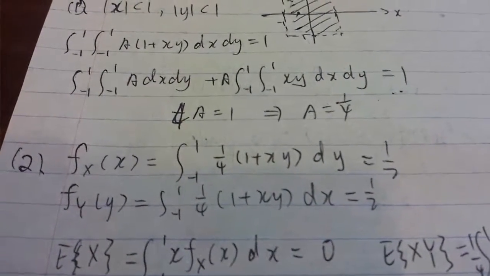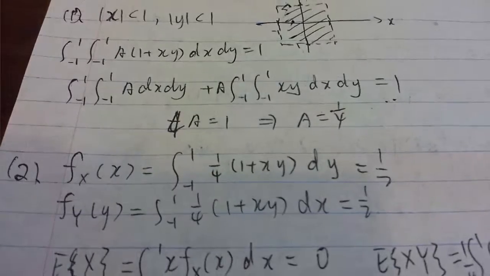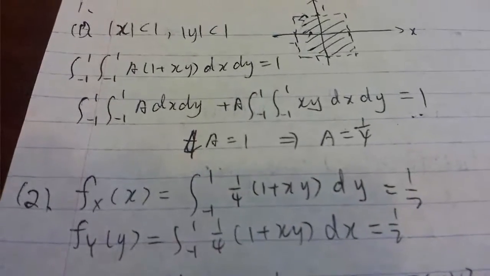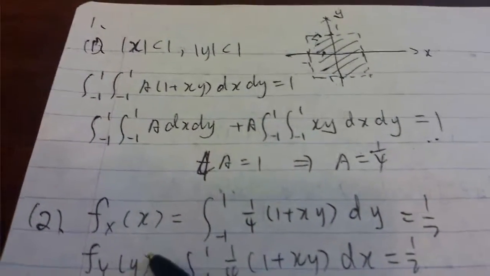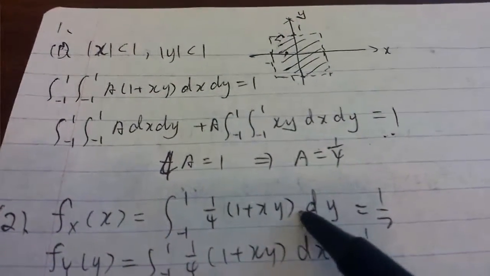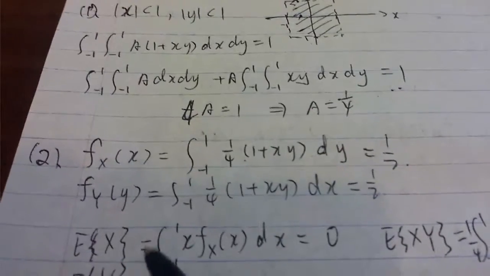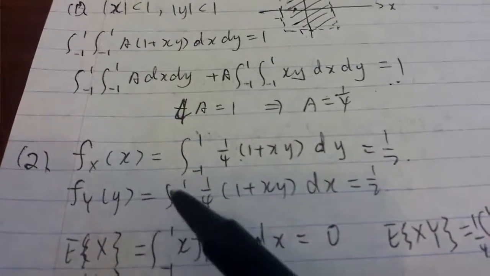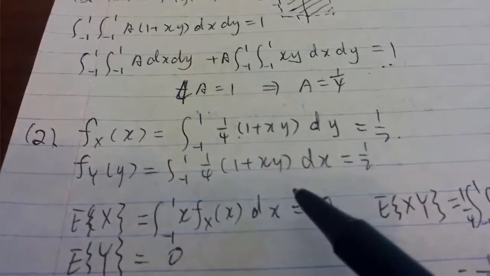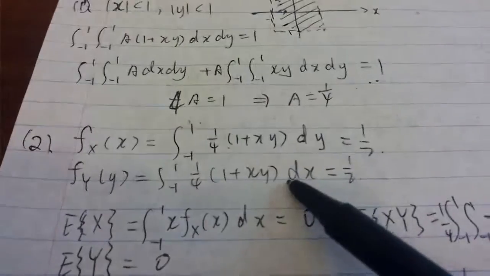The second problem we need to answer is whether capital X and Y are uncorrelated. We know that the PDF of X, we could derive it from the joint PDF of XY, and it equals 1 over 2. And the PDF of Y also equals 1 over 2, because we know that x, y are equal in this problem.